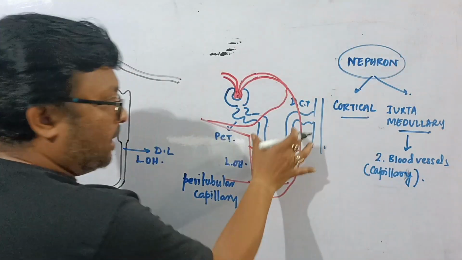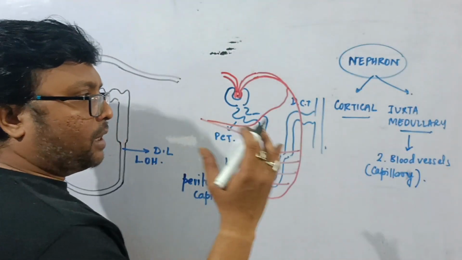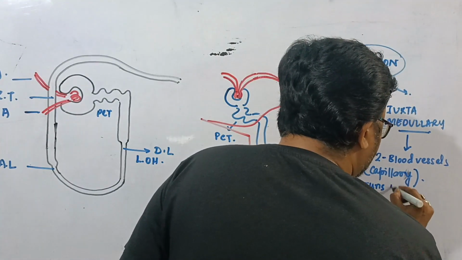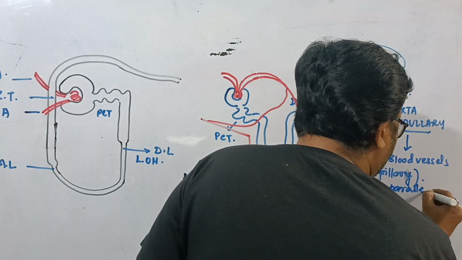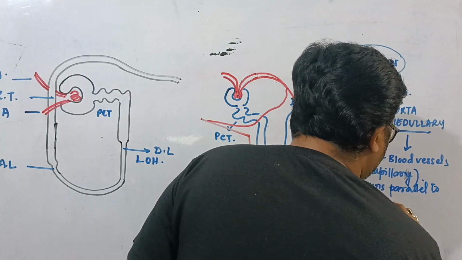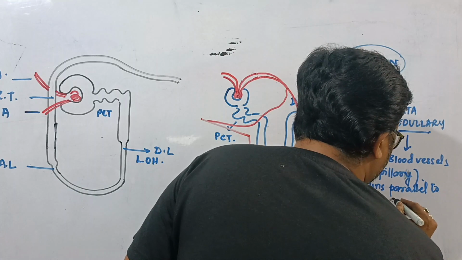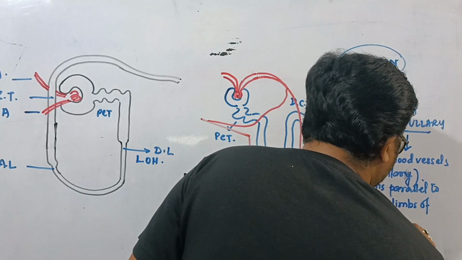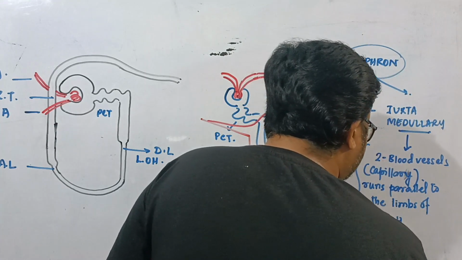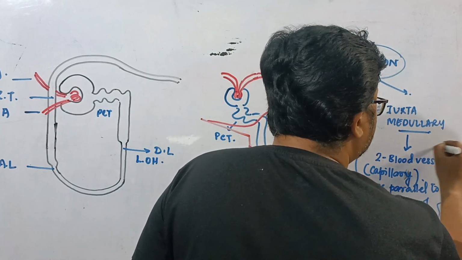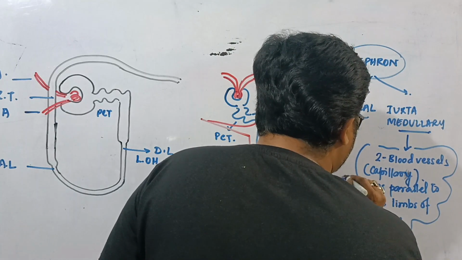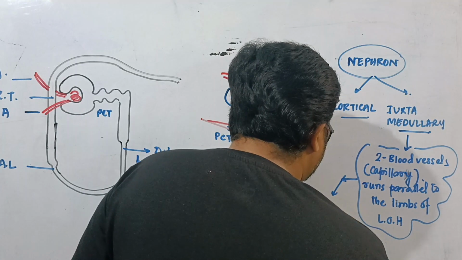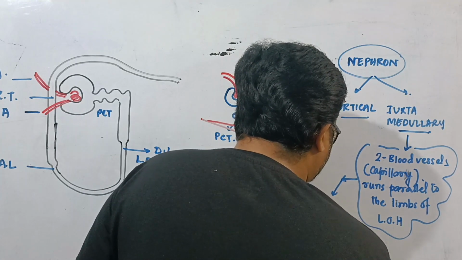These two blood vessels generally run parallel to the limbs of loop of Henle, and these blood vessels are generally known as vasa recta.